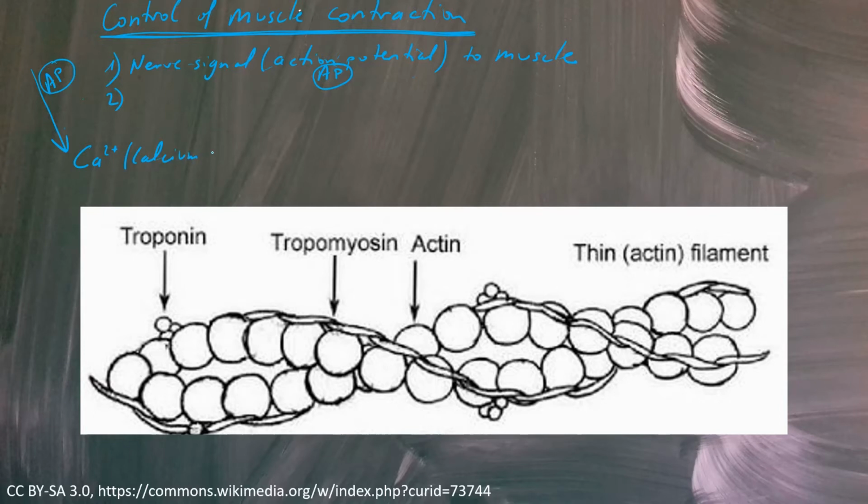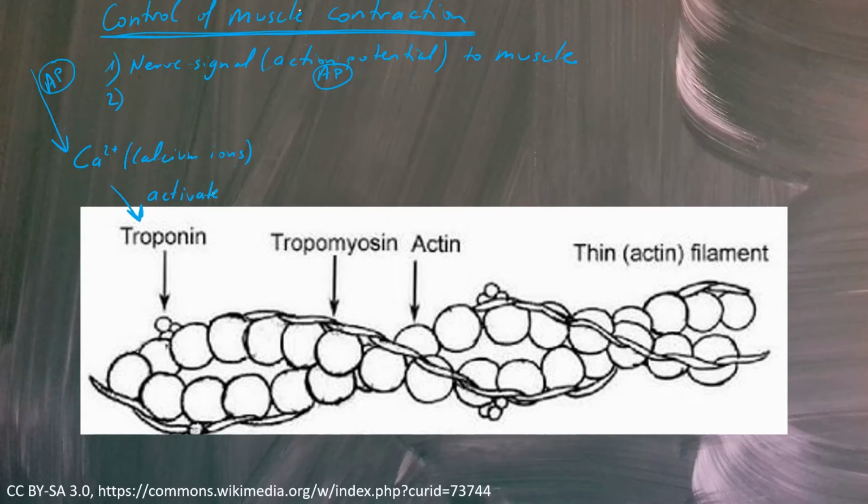Calcium ions are released by the nerve cell, and these calcium ions diffuse and go to the troponin and activate it. The troponin is associated with the actin filament, and the calcium will bind against it.